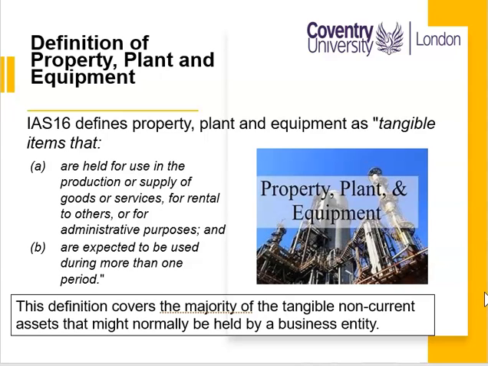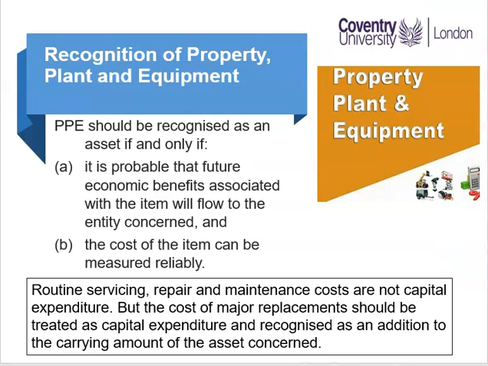If it is less than one period, then it cannot be an asset. It should be expensed or written off to the profit and loss account. This definition, therefore, covers the majority of tangible non-current assets that might normally be held by a business entity.